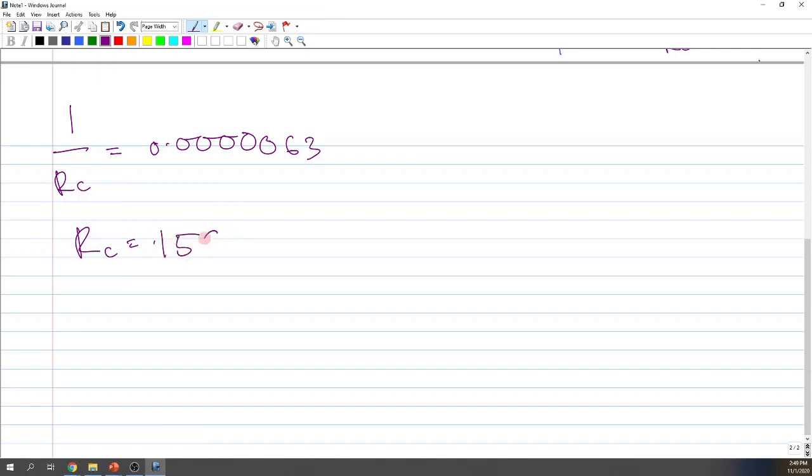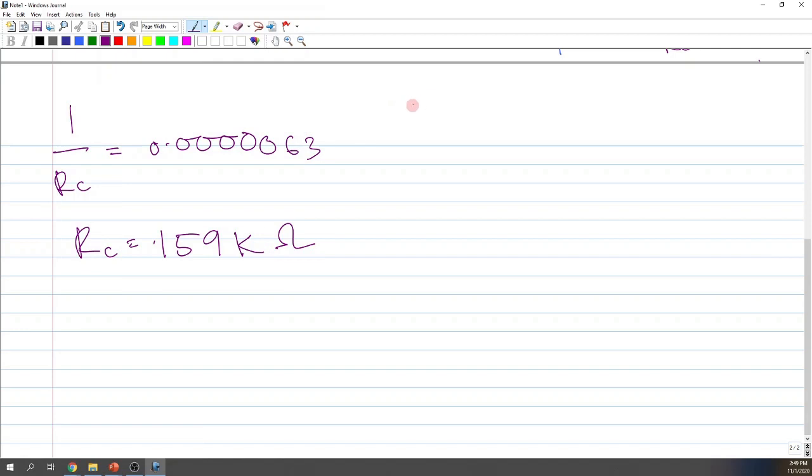Okay, then kita dapat dekat sini, kita boleh cari RC lah. So 1 over RC is equal to 0.00000 — berapa banyak zero ni? 1, 2, 3, 4, 5 — 063, and then RC is equal to 159 kilo ohm.